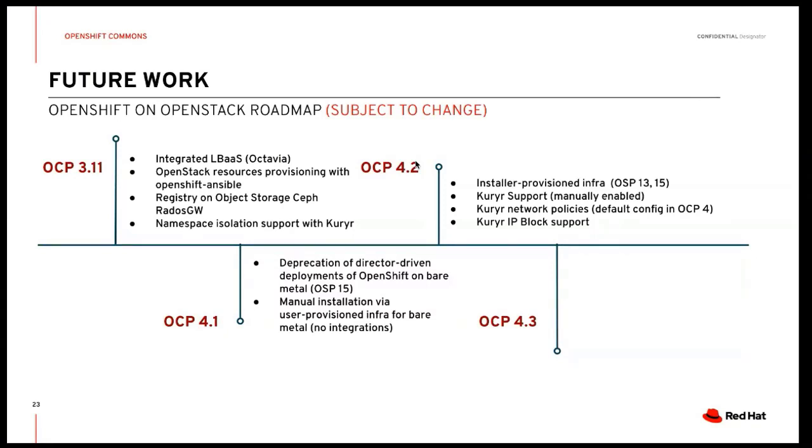Work is being done right now to test and validate the first case, which is native Manila delivered by Ceph with OpenShift 4.2. However, I don't know if it will make it for the 4.2 release. So that was a very long answer, but there are a lot of pieces involved in getting the Manila support in. I should add a bullet for it here. That was a good suggestion.